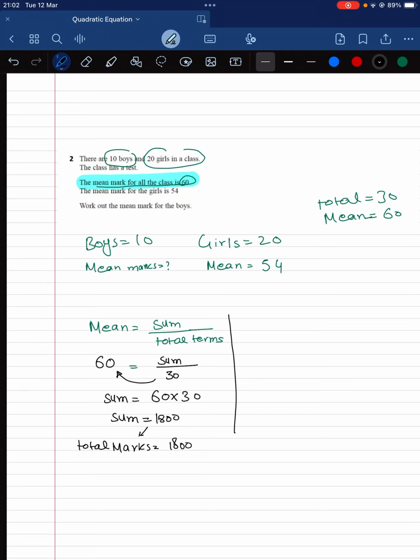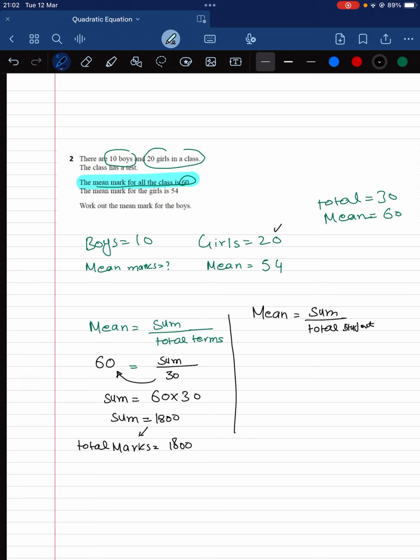In the same way, we have the mean marks for the girls, so we can calculate their total marks. So we use the same formula. Mean is equal to sum over total terms or total students, whatever you want to write.